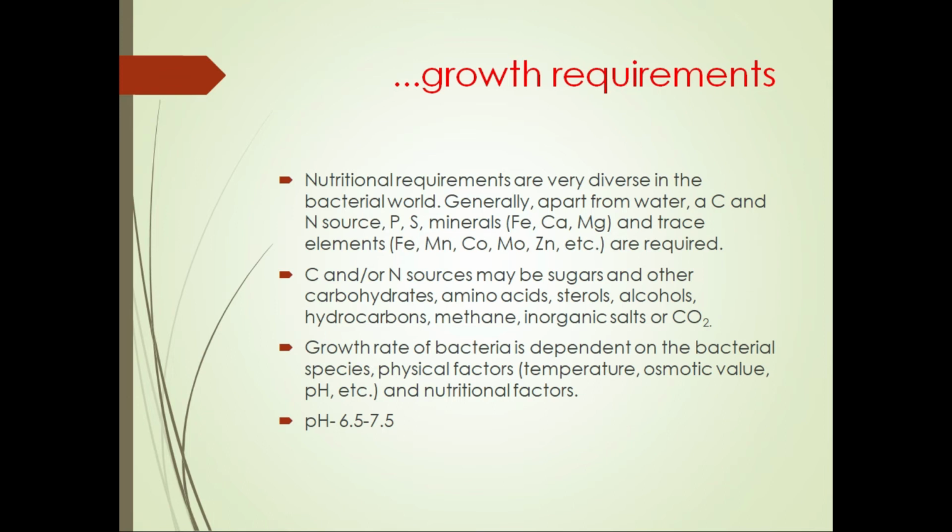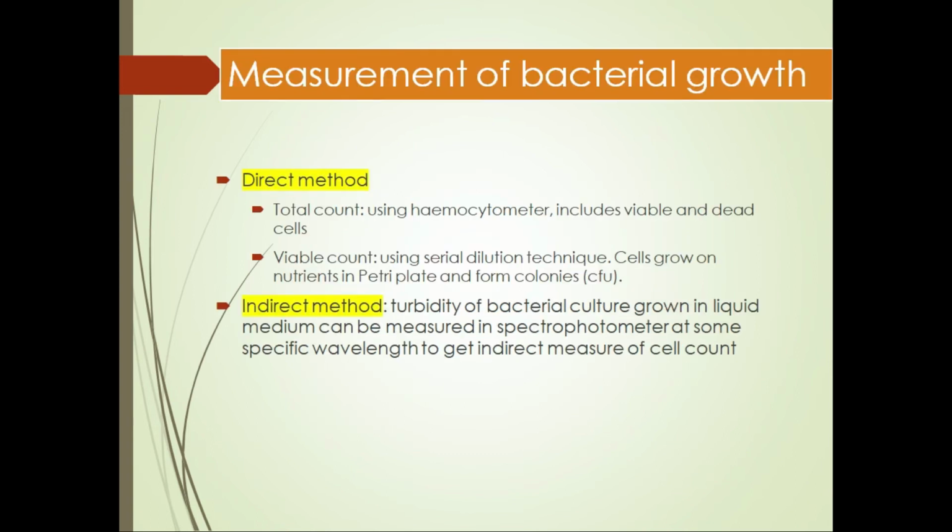Though there are some bacteria which can grow at acidic pH, and some which can grow at very high, I mean alkaline, pH, in general the optimum pH range for bacterial growth is 6.5 to 7.5.